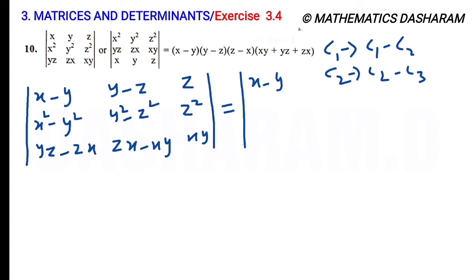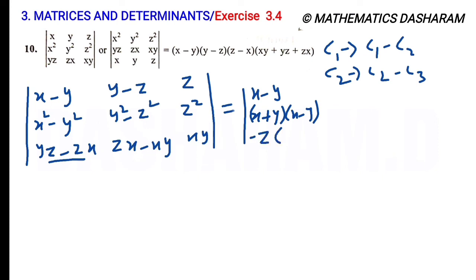So now it is equals to, here x minus y, here x square minus y square can write as x plus y into x minus y, and from this take the z common, but you will get y minus x. So that is why take minus z common.